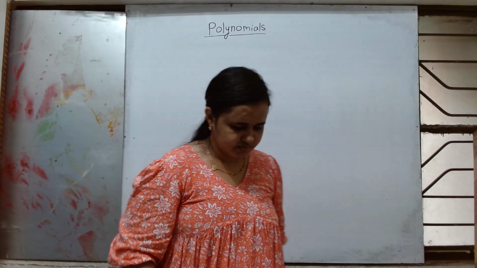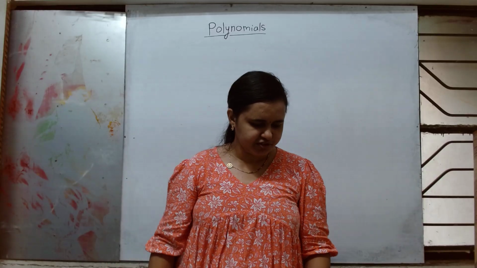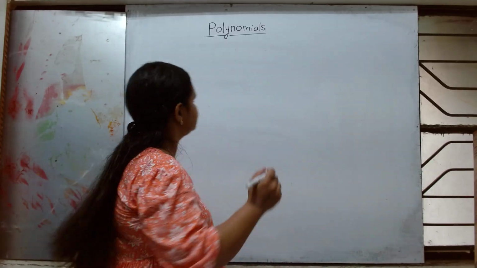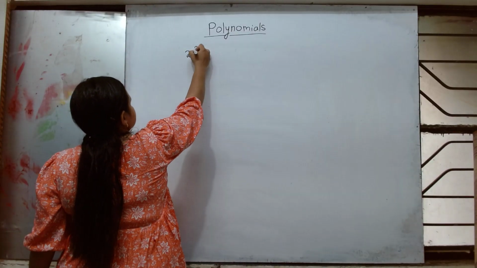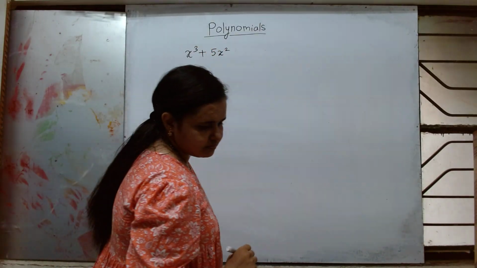Now 21. A polynomial is given: x cube plus 5x square plus 10k.